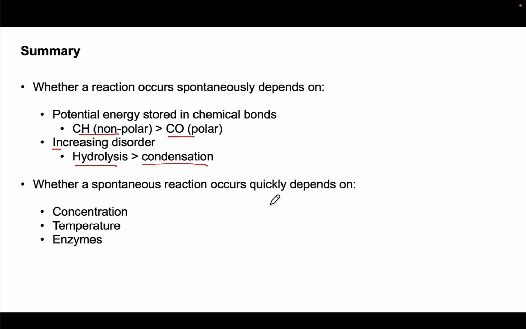Whether a spontaneous reaction occurs quickly depends on concentration, temperature, and enzymes. So that's it for this video. In the next video, we're going to talk about how to get those non-spontaneous reactions to occur. And then the last video will be how enzymes help with chemical reactions.